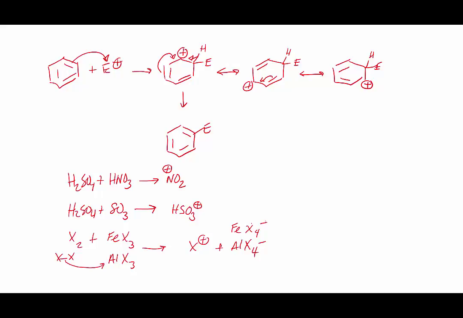Were there any other ones? But we have to know the mechanisms of the products that form. No, you don't need to know these mechanisms to form the E plus. But I just wrote the mechanism of how the E plus adds to the benzene ring.